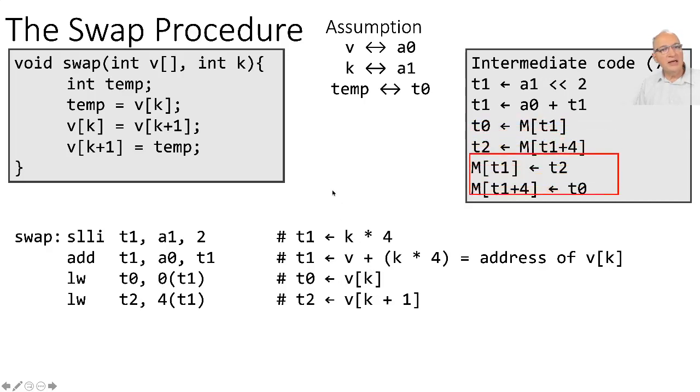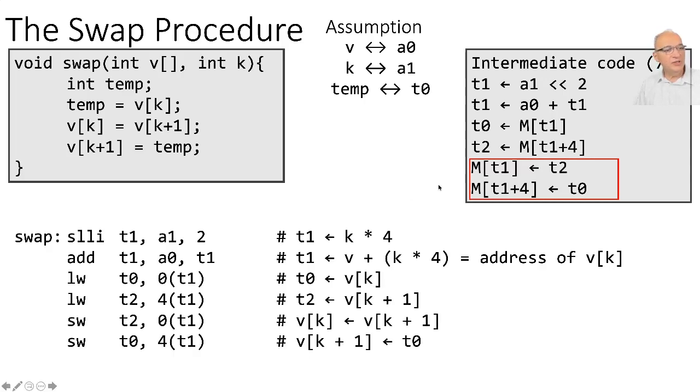And next, I have 2 store instructions to memory, and it's the same thing. The first store instruction will have an offset of 0, and the second store instruction an offset of 4. And this is what I need to do for the code of my swap. All I need to do now is to return.